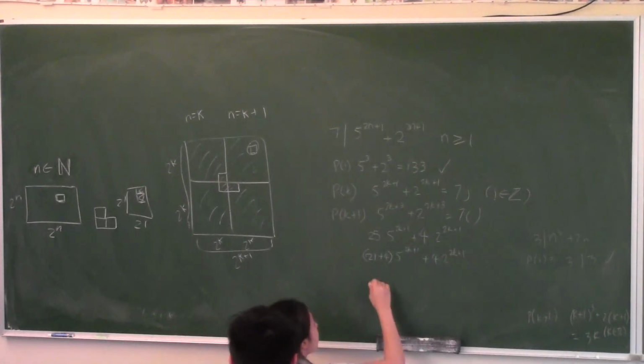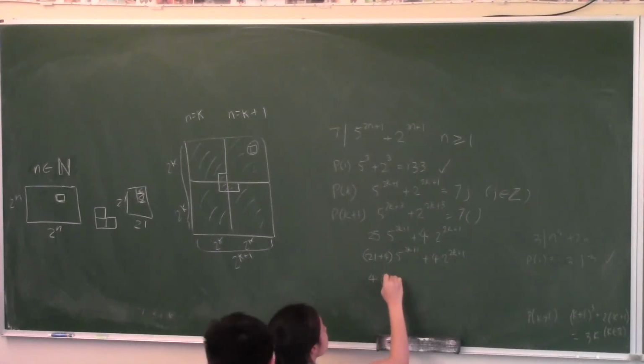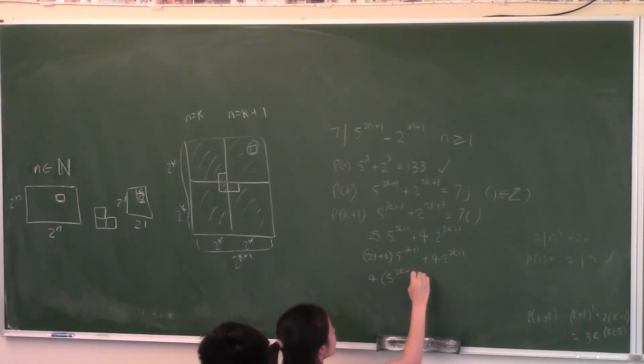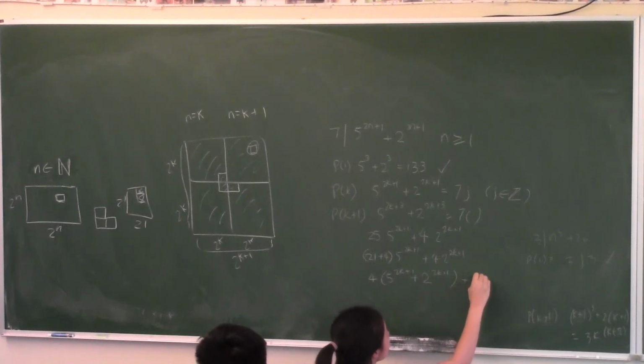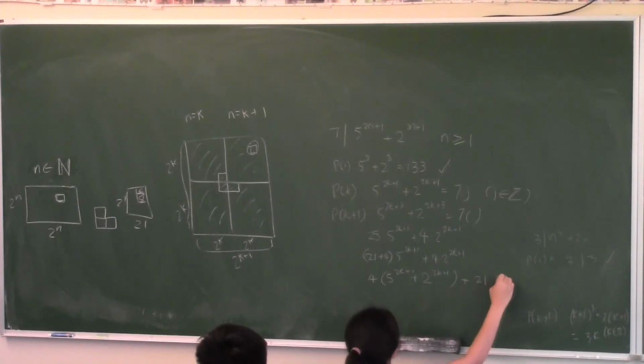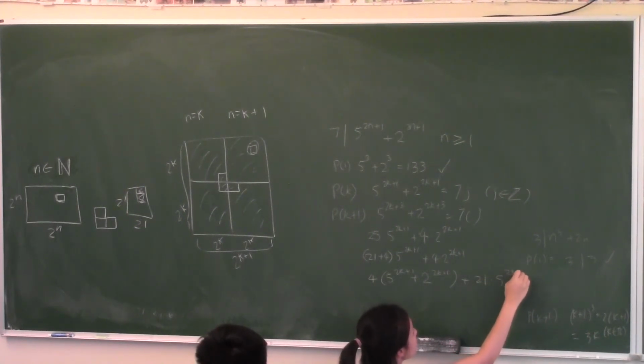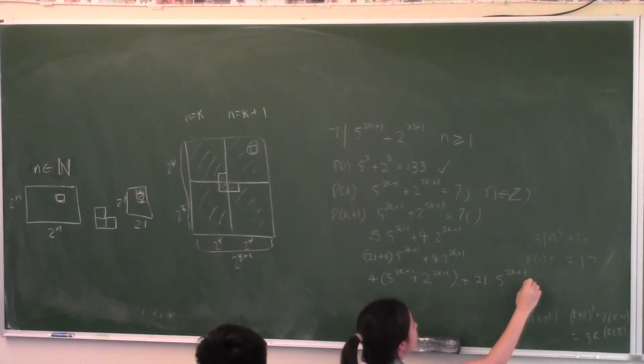And so I split it up into 21 plus 4: 4 times 5 to the 2k plus 1 plus 2 to the 2k plus 1, times 20, plus 21 times 5 to the 2k plus 1.